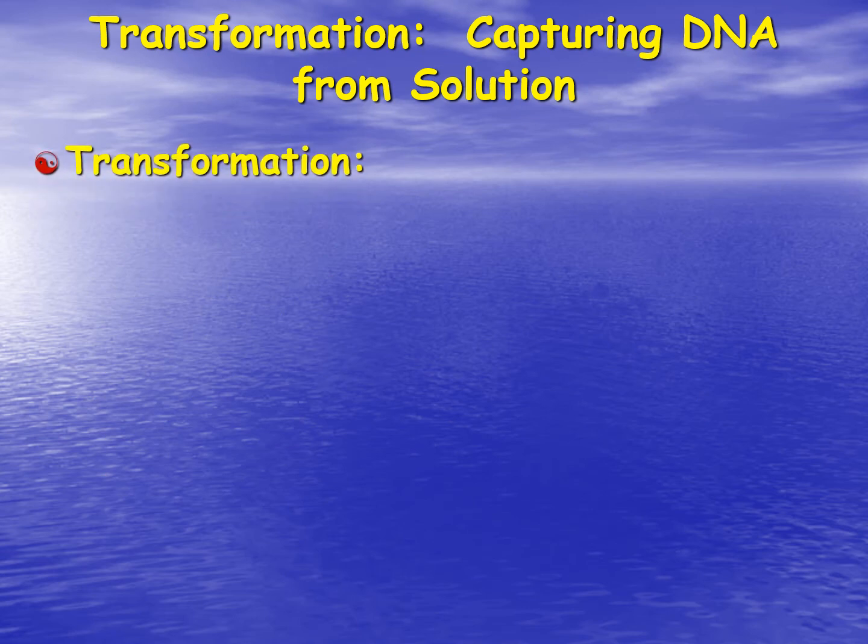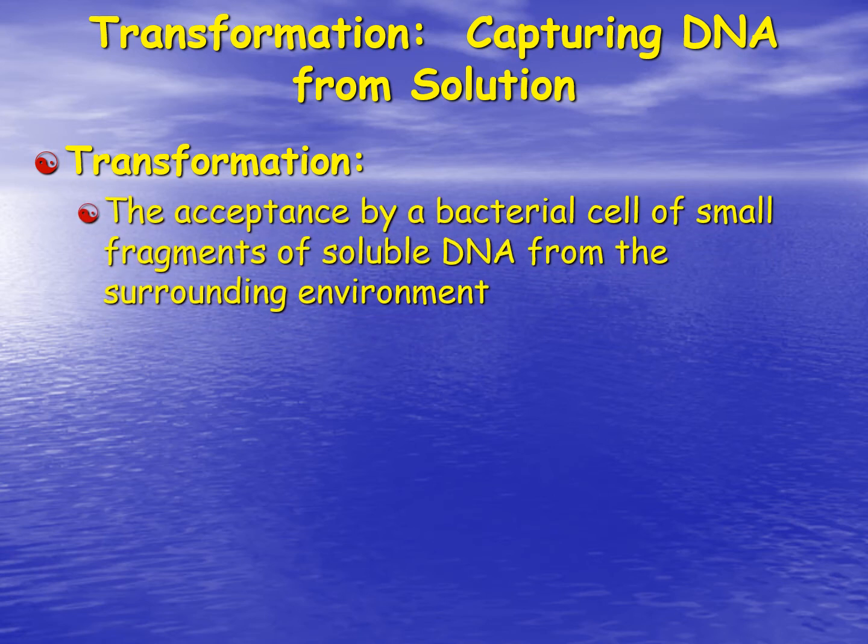Now, transformation. This is actually capturing DNA from the environment, and this is what I refer to as the capturing of a piece of naked DNA. Transformation is the acceptance by a bacterial cell of small fragments of soluble DNA from the surrounding environment. Well, where did these soluble pieces of DNA come from? They usually come from other cells that have been destroyed.